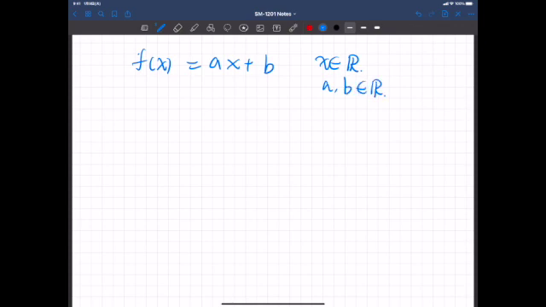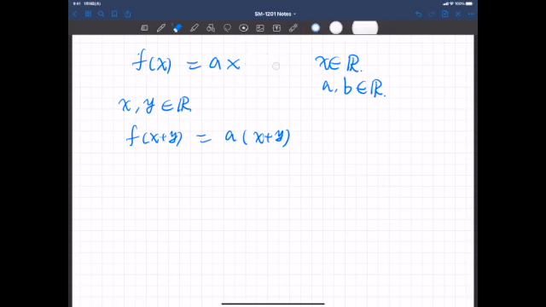If x and y are real numbers, then x plus y, if we apply the function f, is a times x plus y. Oh, wait a minute, this is not a linear function, so we need to get rid of this.